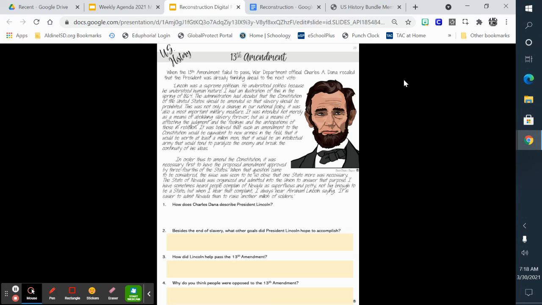In order to amend the Constitution, it was necessary first to have the proposed amendment approved by 3/4 of the states. When the question came to be considered, the issue was seen to be so close that one state more was necessary. The state of Nevada was organized and admitted to the Union to answer that purpose.